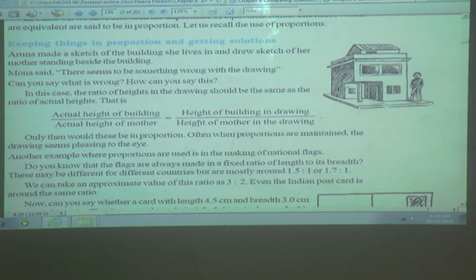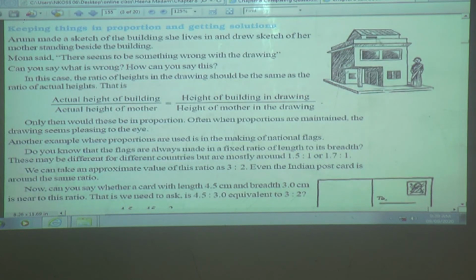Here you have some picture. One house is there, one lady is standing here. We will read the question, see what is given, and find the solution, and we will learn proportion, keeping things in proportion and getting a solution.